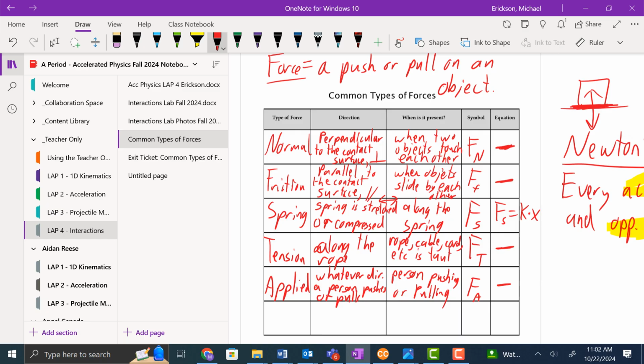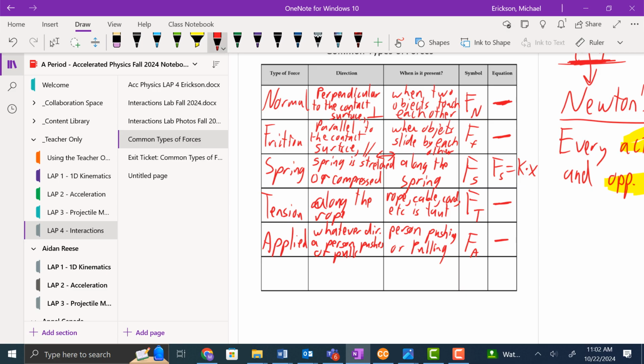We've gone through five of these forces, and yet the most common one that most people think of has not been put here. I separated it out for a reason. You may have guessed it's gravity. Sometimes we call gravity weight. So your weight is the force of gravity, and we'll talk about that. The direction is down, simple enough, and I'll put in parentheses center of Earth. That is what's trying to cause gravity.